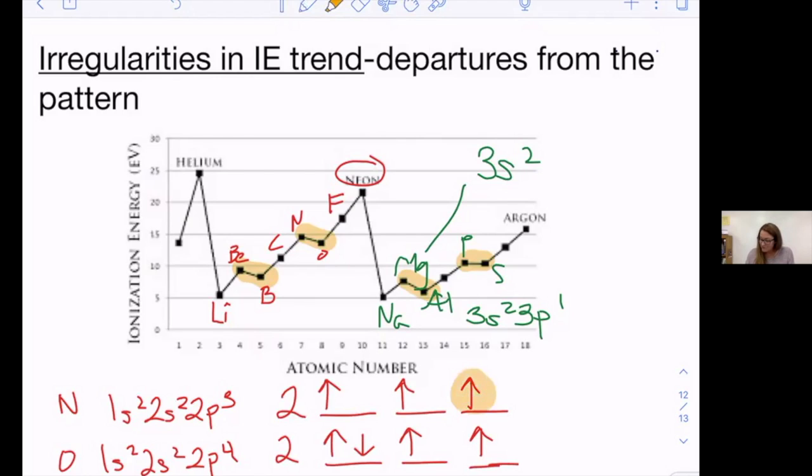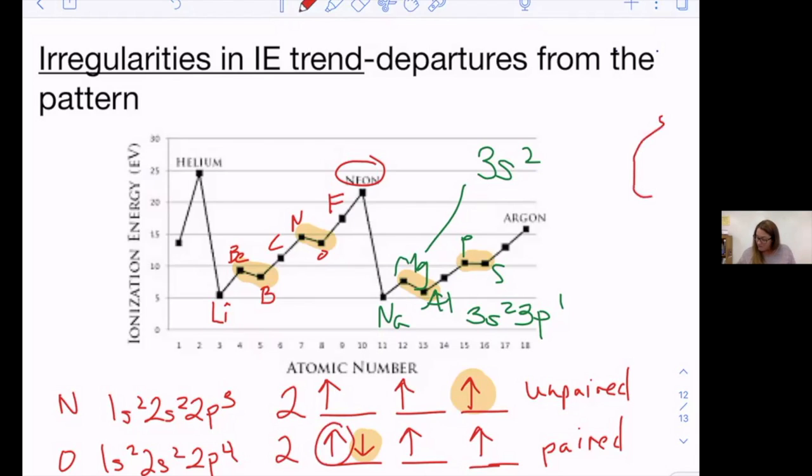The electron that I'm removing is here and is here. So now the difference has to do with whether they're paired or unpaired. So this is an unpaired electron. And this is a paired electron. The paired electron ends up being slightly easier to remove because it's somewhat repelled by this other one.